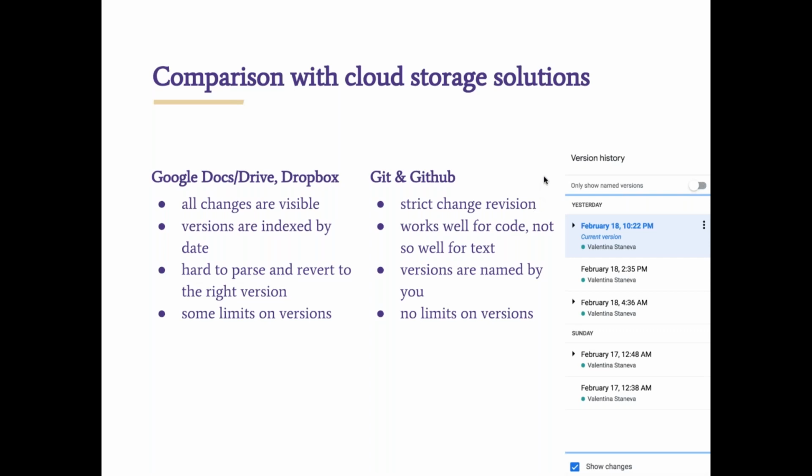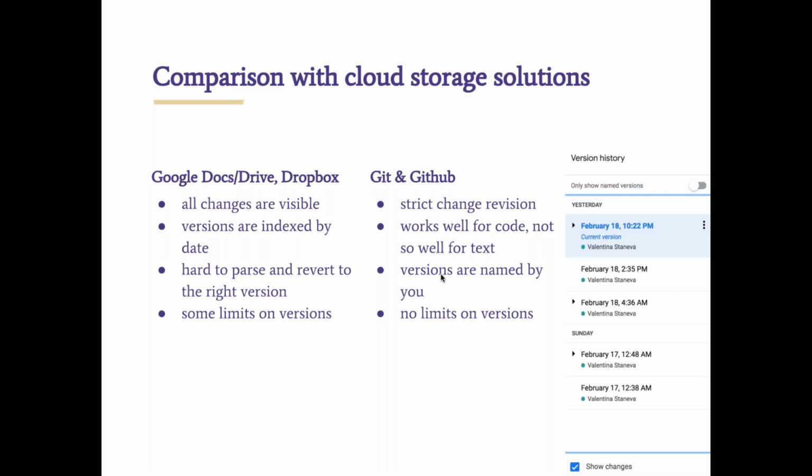It's also more strict about what is getting accepted in your code and what is not, which is good for code, because you don't want to break something by mistake. The versions are named by you, so you have more control over it. And there are no limits on versions, so you can go backward and see the project from the very beginning.